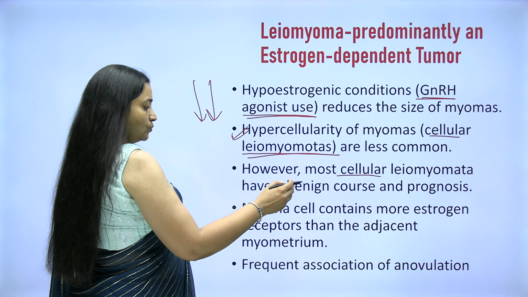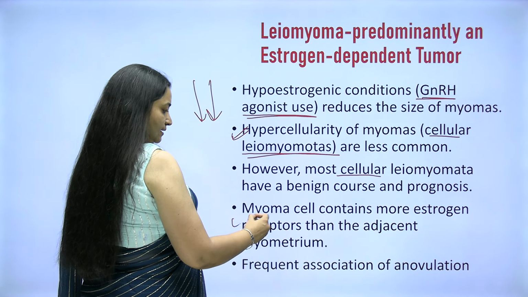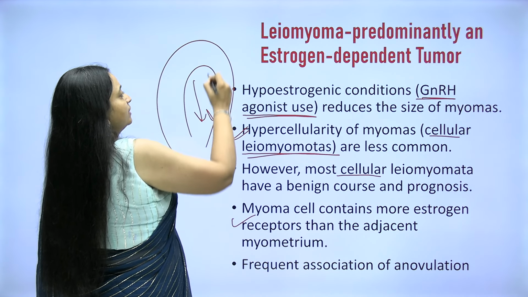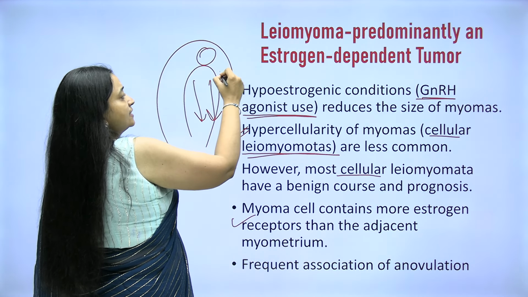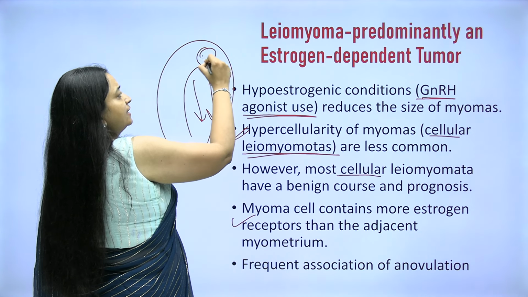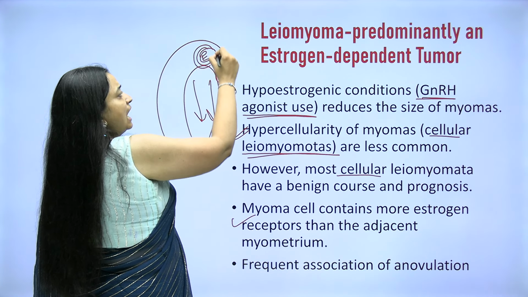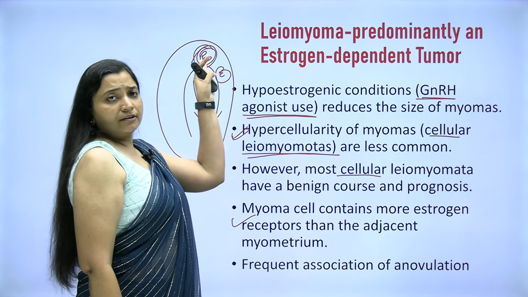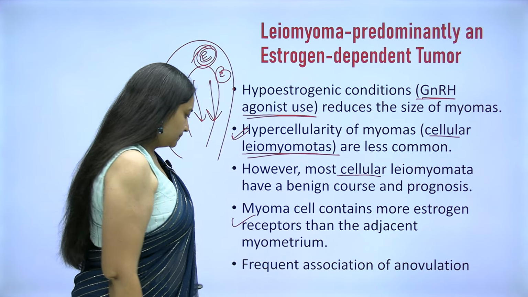Myoma cells contain more estrogen receptors than the adjacent myometrium. So we know that in the myometrium the fibroid increases. This is also under the effect of estrogen, and this is also. But because of the high local level of aromatase, the estrogen works more in the fibroid and the size increases.